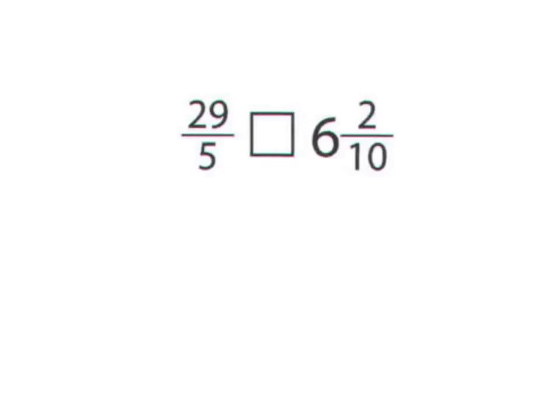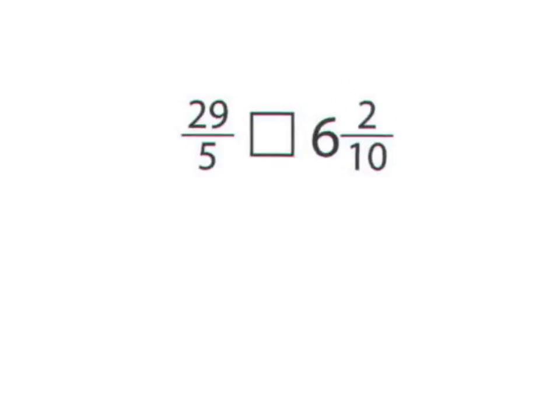Alright, so let's start off. I'm going to show you how to do this both ways. Let's start by comparing improper fractions, and then we'll compare them as mixed numbers. So in order to compare them as improper fractions, that means we're going to have to change one of the two fractions into an improper fraction. So, since 6 and 2/10 is the only mixed number, we'll change this into an improper fraction.